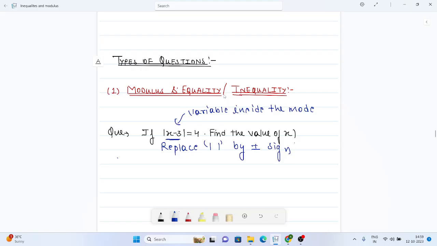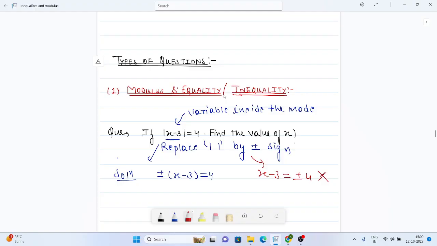What I mean to say is, to solve this you write x minus 3 equal to 4 and then you solve. Now also see one thing, what mistake the students make. If I say replace this mod as plus minus, they write x minus 3 equal to plus minus 4, but you do not have to do this.